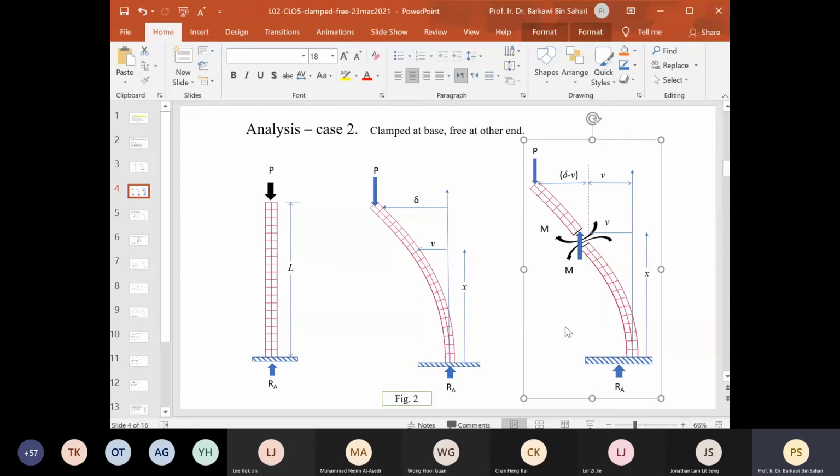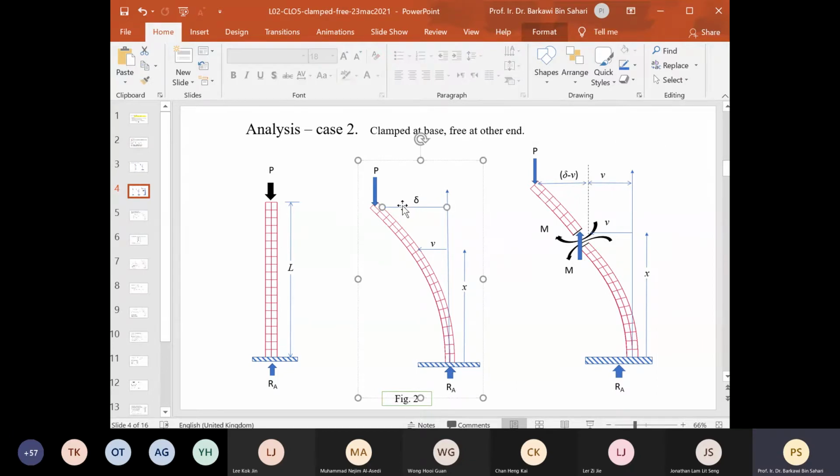Okay, so now this is additional to the notes. Make sure you put it in your downloaded notes. Now look at the displacement at the top, at the free end. The total displacement at the free end is delta.